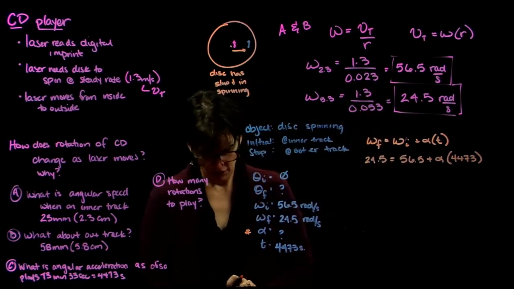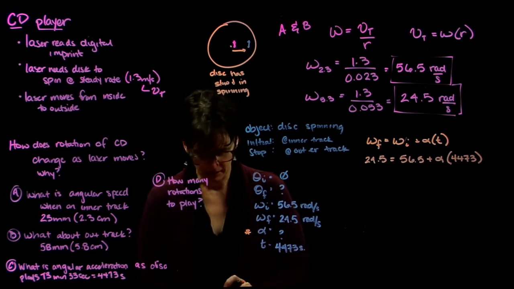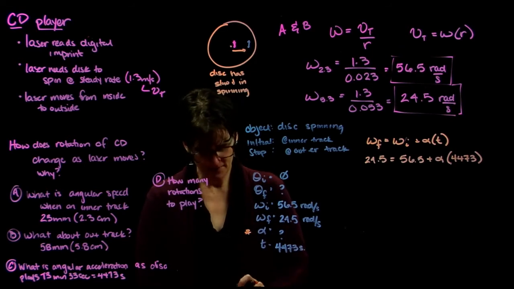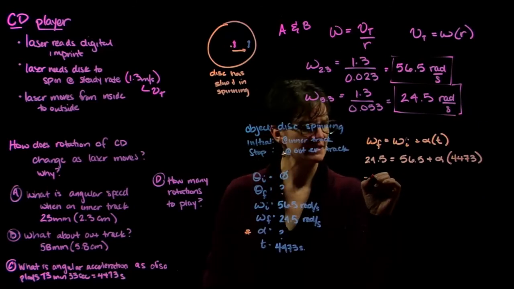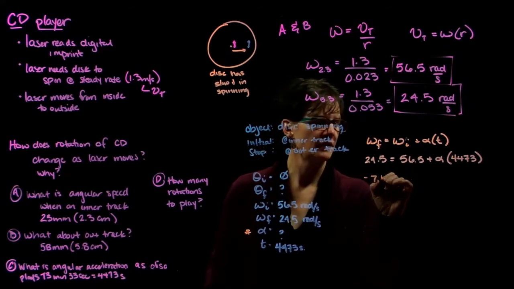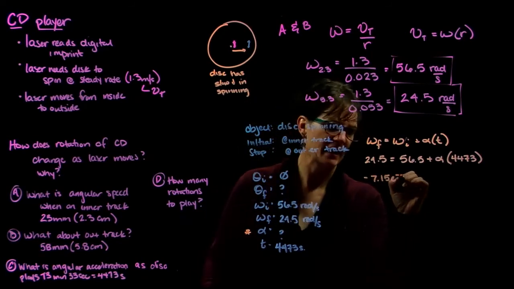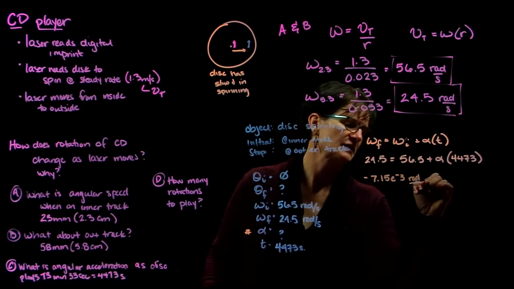All right, so 24.5 minus 56.5, we divide that by 4,473, and we get alpha being negative 7.15 times 10 to the minus 3 radians per second squared.